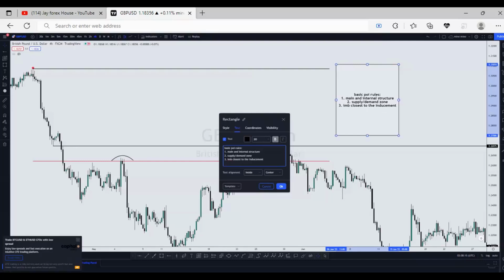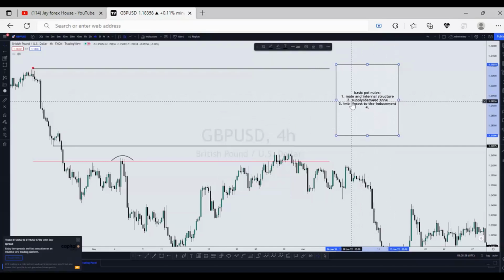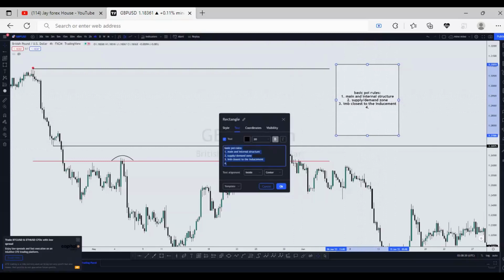Okay, so you could say the internal structure is clearly the inducement for this, once price tries to move back into premium. So I think premium should be number two, let me make that number two because that's very important.